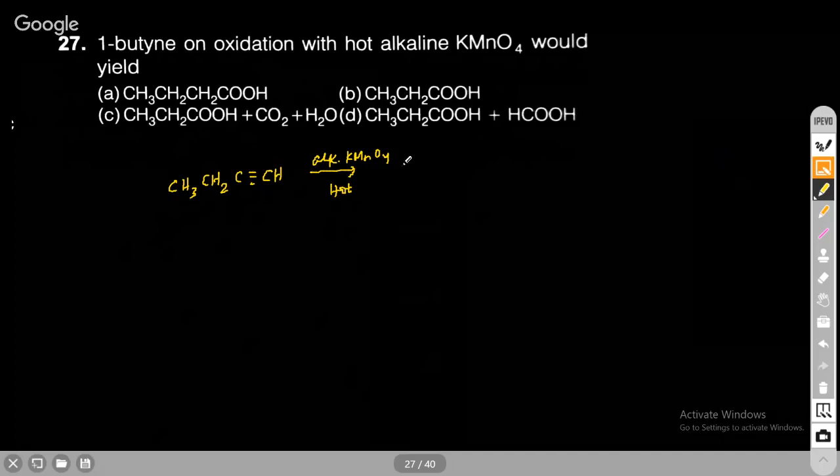The product will be with an equal number of carbon atoms: CH3, CH2, COOH, plus the other product will be HCOOH. So you'll get this product in a single step, right?